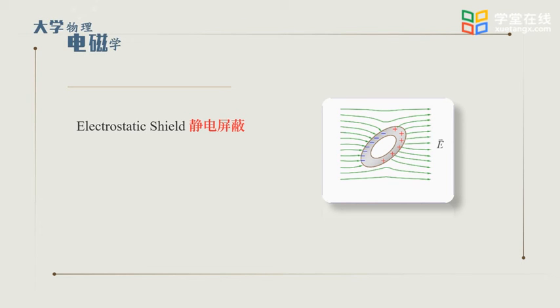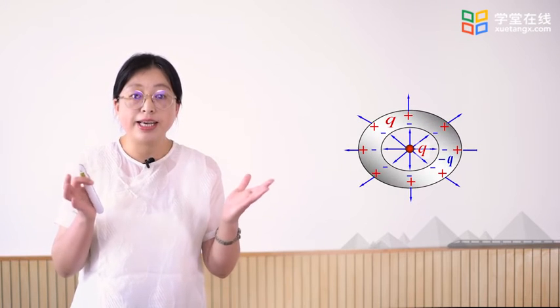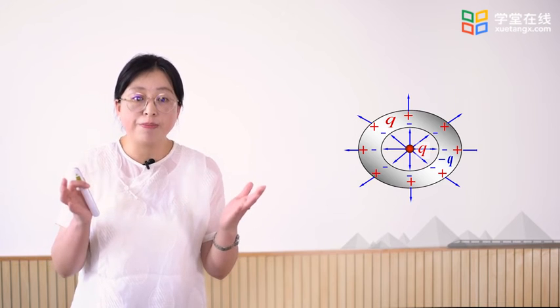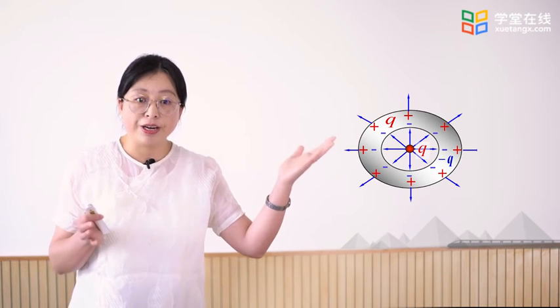If you are sitting in this hollow conductor now, you are safe because the external field is shared by this hollow conductor. Another case here, if there are charges inside the cavity, the induced charges will reside on both the inner and outer surfaces of the conductor as shown in the figure.